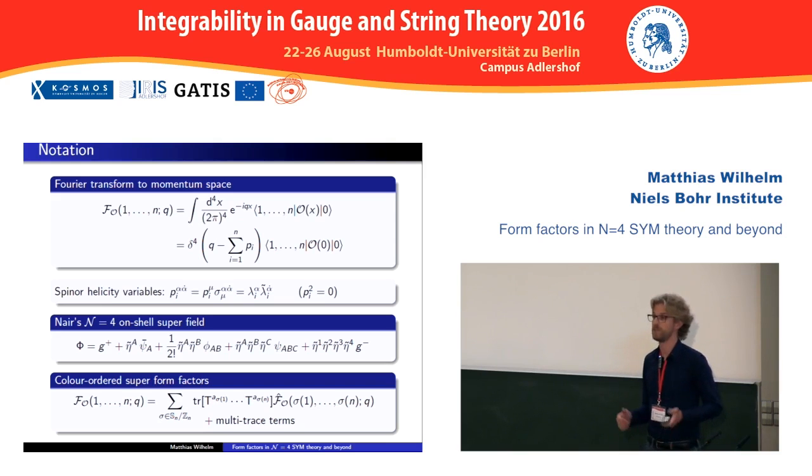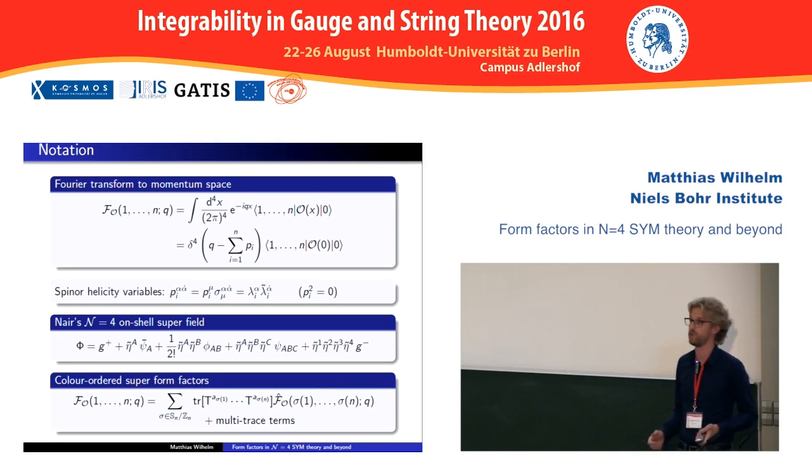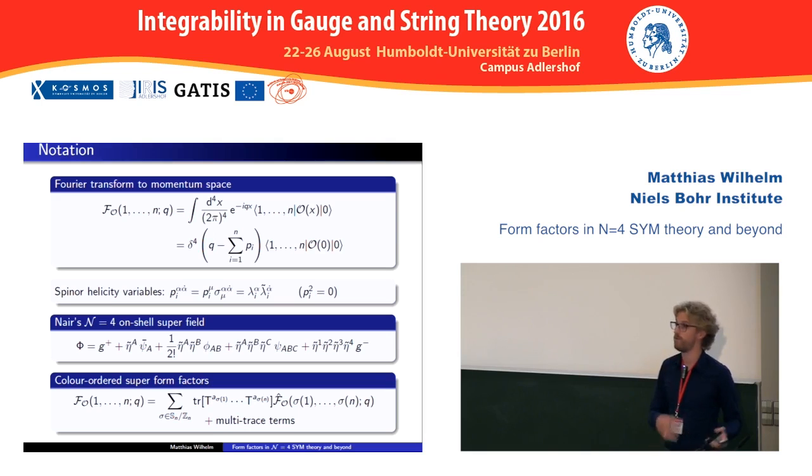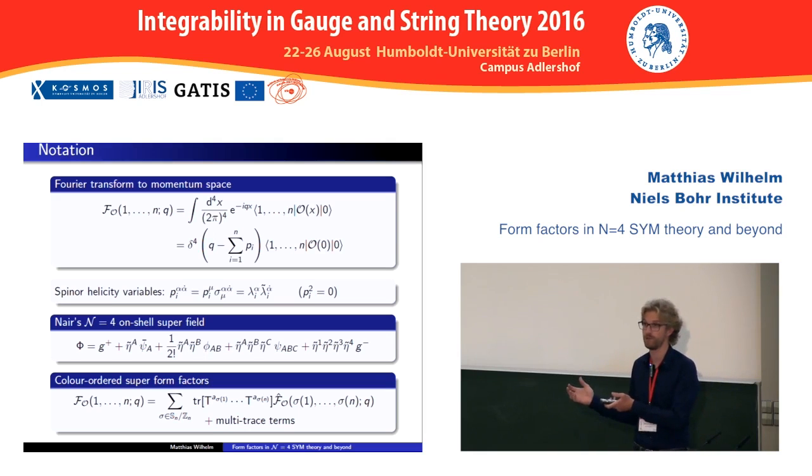Next, we use spinor helicity variables to parameterize the on-shell momenta p_i as lambda, lambda tilde. Using Nair's N=4 on-shell superfield, we can moreover package all different component form factors into one super form factor.